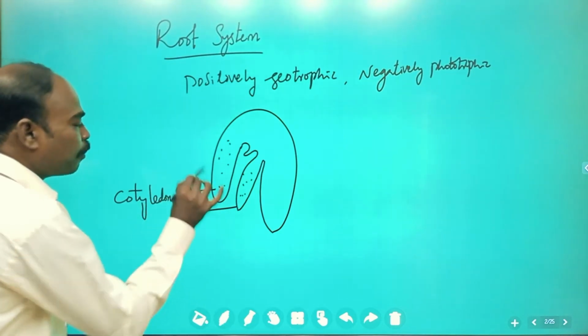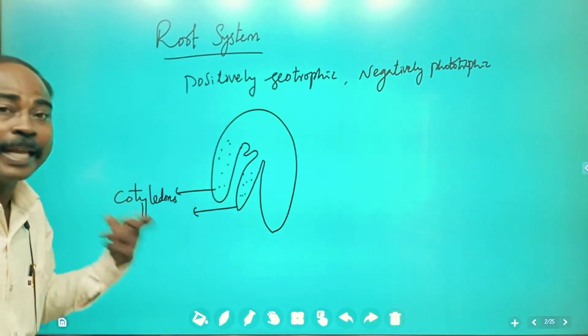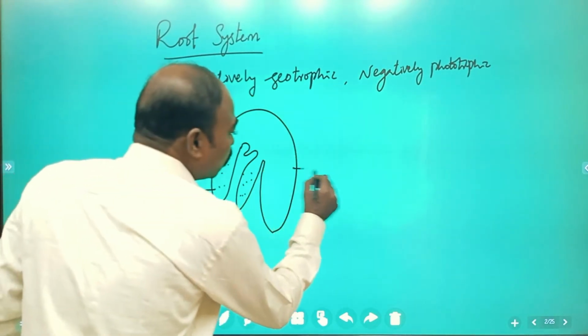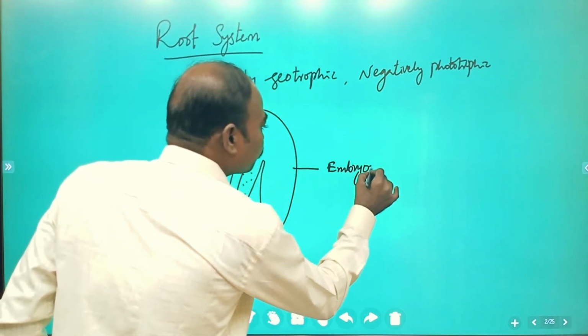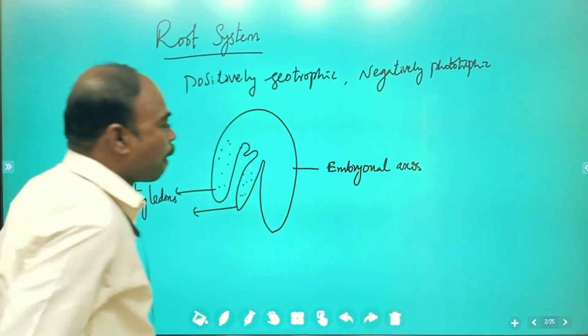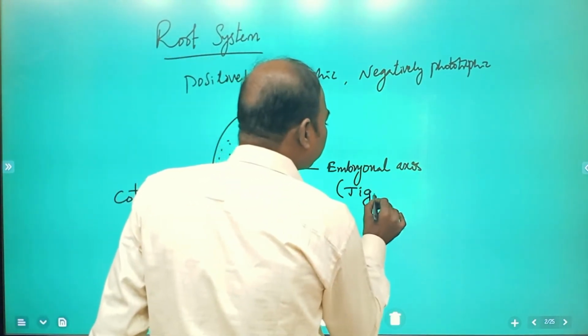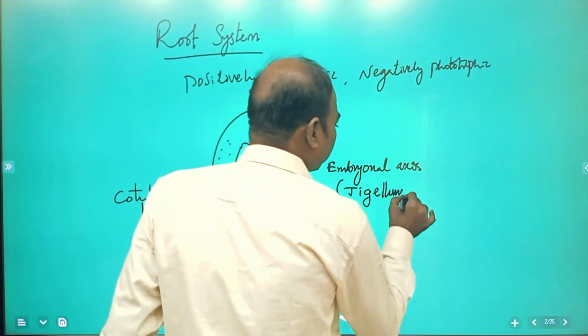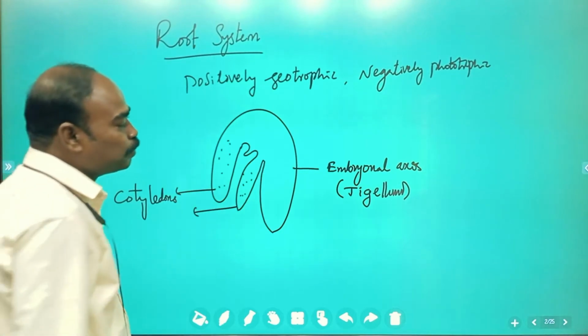or the embryonal leaves. Cotyledons are otherwise called embryonal leaves. This area is called the embryonal axis. Embryonal axis is otherwise called the axis.